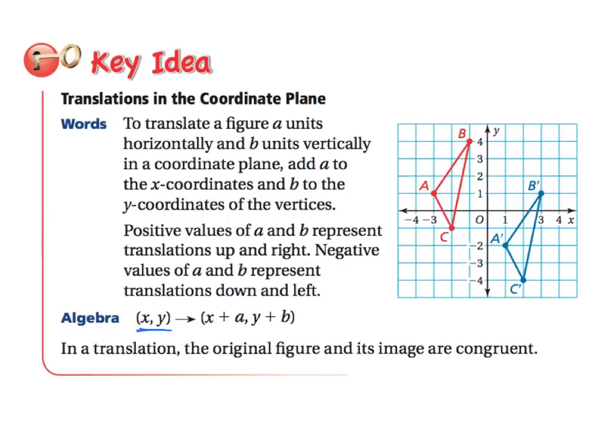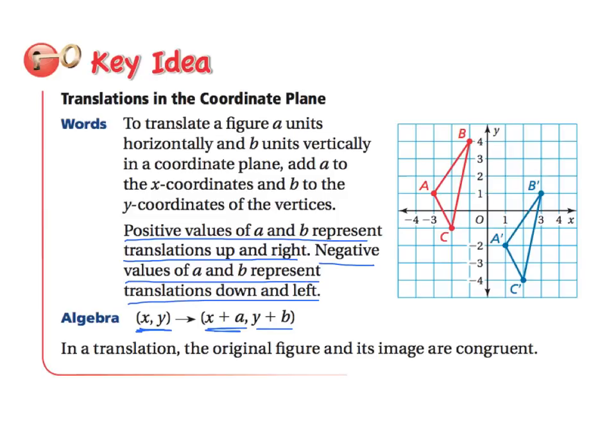We have the ordered pair X, Y. A tells you to go left or right, so we do X plus A. B is the Y coordinate, that tells you to go up or down, so that would be Y plus B. Positive values of A and B represent translations up and right. Negative values of A and B represent translations of down and left.